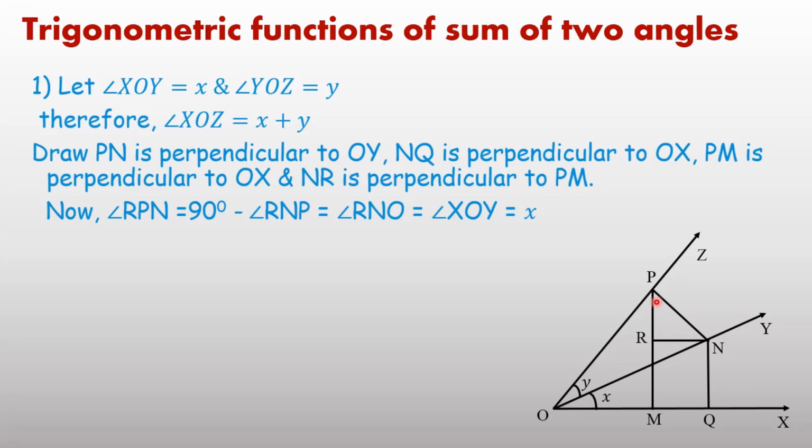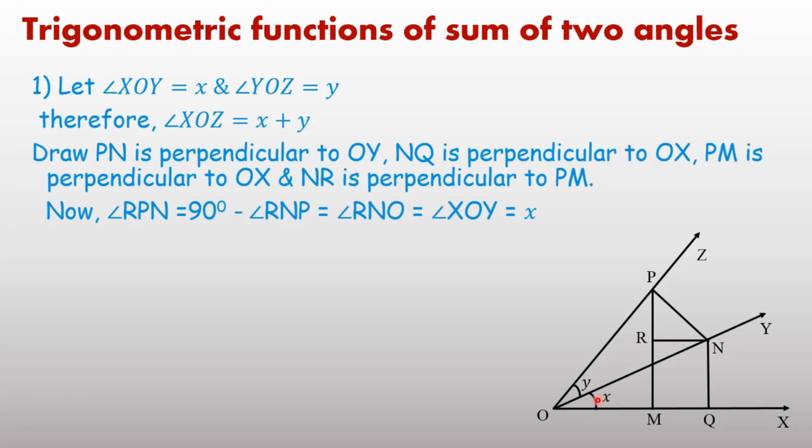Therefore, angle RPN equals 90 minus this angle, meaning RNP. Since PN is perpendicular to OY, this complete angle is 90 degrees. In fact, it is also equal to RNO. And RNO equals angle X.